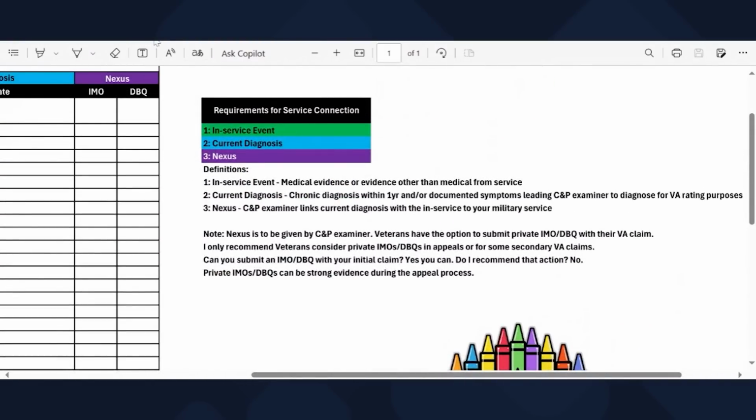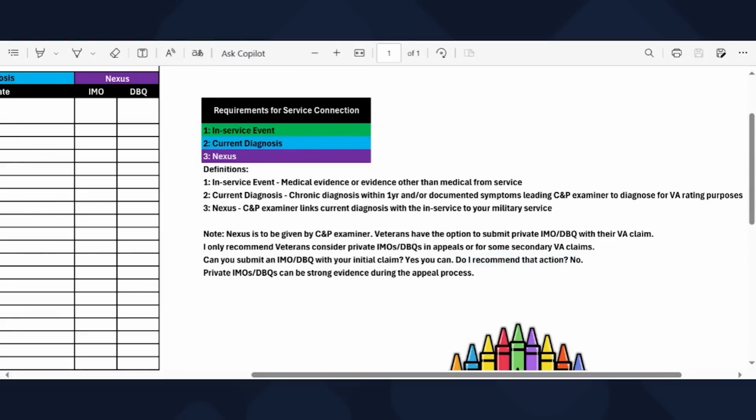Me, personally, this is totally my opinion, I only recommend to consider, not get one, to consider IMOs and DBQs in the appeals process or for some secondary VA claims. The advanced course is going to dig a lot deeper into that. Now, can you submit that with your initial claim? You absolutely can. Do I recommend it? No. Do whatever you want.